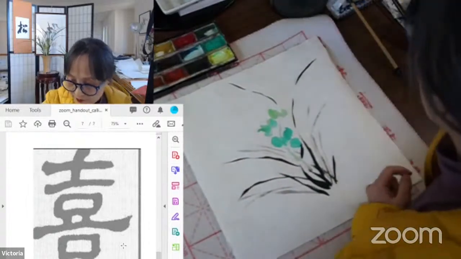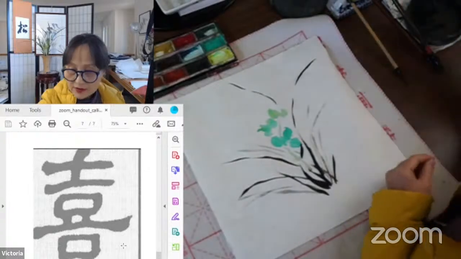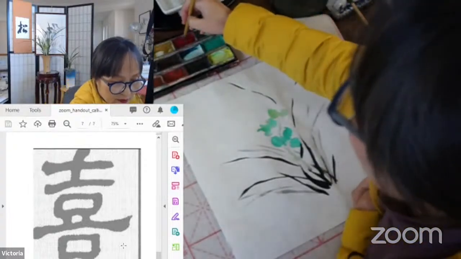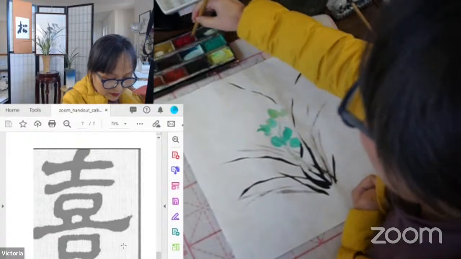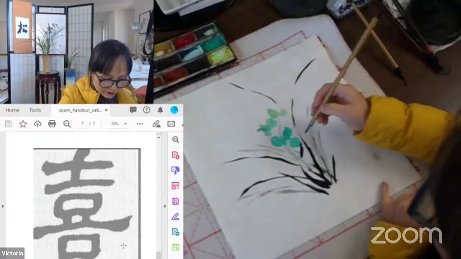some center thing, red, just a dot. You can use white or you don't have to.